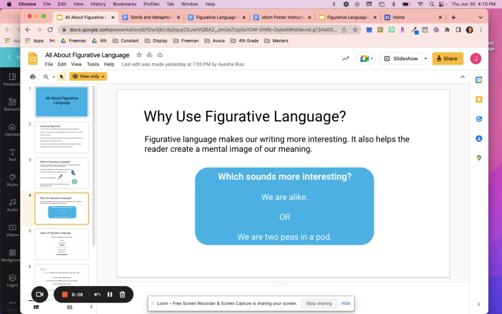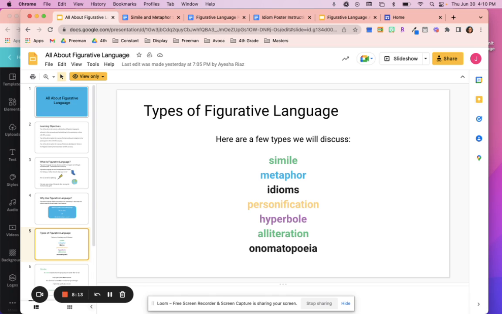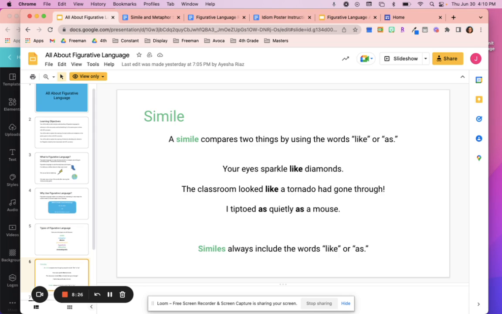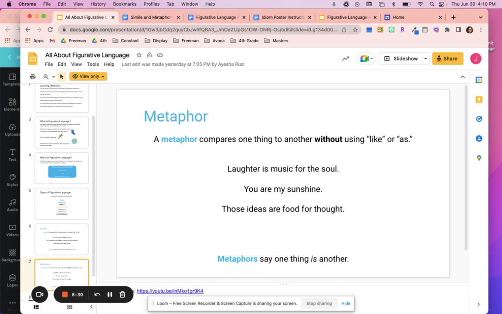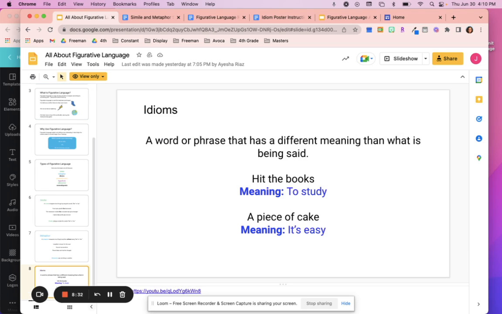Why is it important that we use this figurative language in our world? We are giving them more examples just so that they understand that figurative language isn't just referencing similes, metaphors, and idioms, but there's multiple other things that can be incorporated under that umbrella. Then a direct example of a simile, a metaphor, and an idiom.